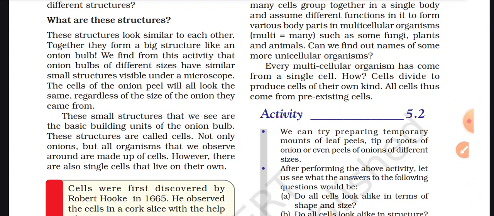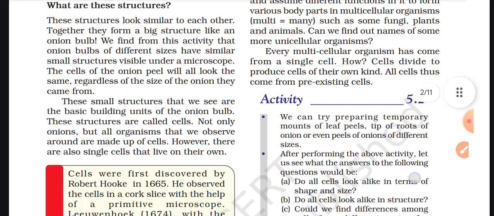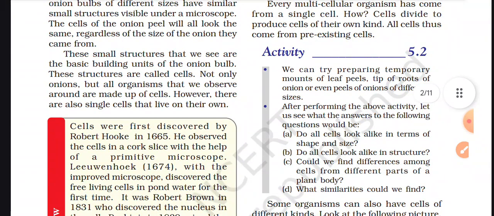This small structure that we see are the basic building units of the onion bulb. These structures are called cells. Not only onions, but all organisms that we observe around us are made up of cells.